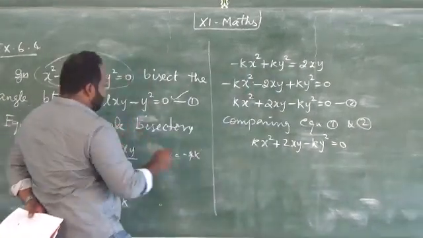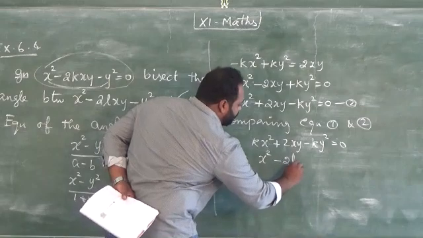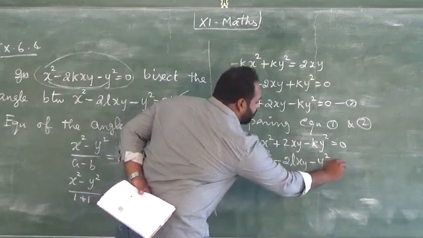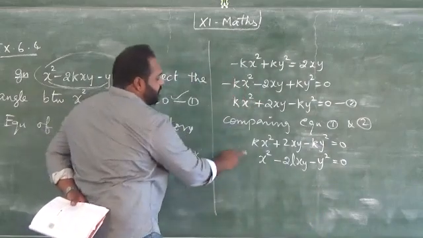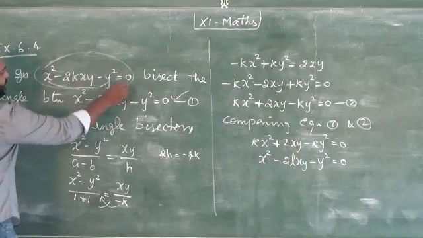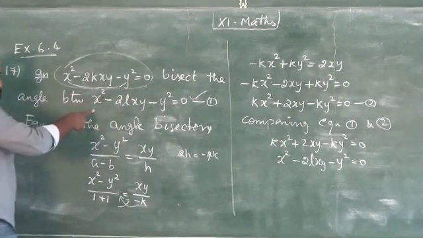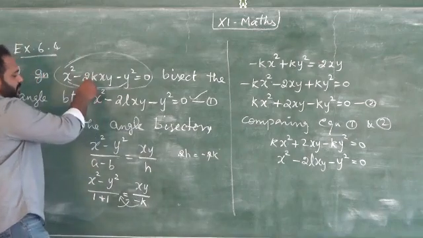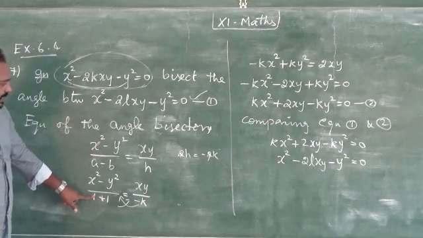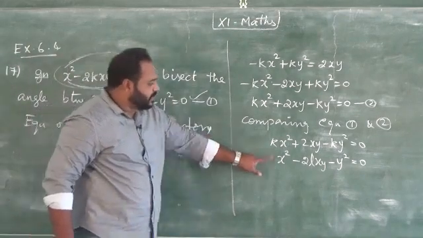Equation 2 is x square minus 2lxy minus y square equal to 0. These two equations we can compare, because this pair of straight lines bisects the angle between those lines, as given. For this particular equation we get the equation of the angle bisectors, so we can compare these two equations.